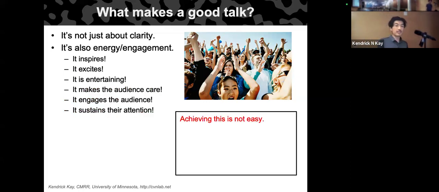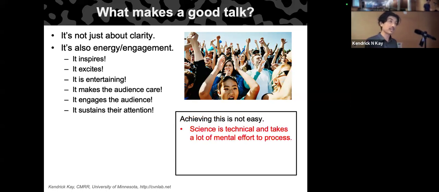So there's a balance, and this is a meta comment about the next 3 mini talks I'm going to give you. A lot of this is general and is not about science, but I also want to sometimes step in and make it specific to science. And in science, making a good talk is especially challenging for the following reasons. What we do is technical, it's hard, there's a lot of details.